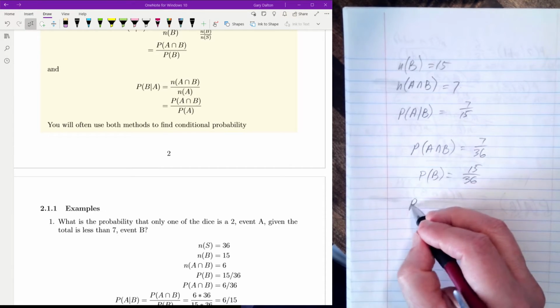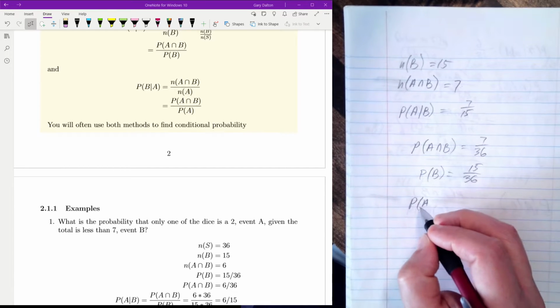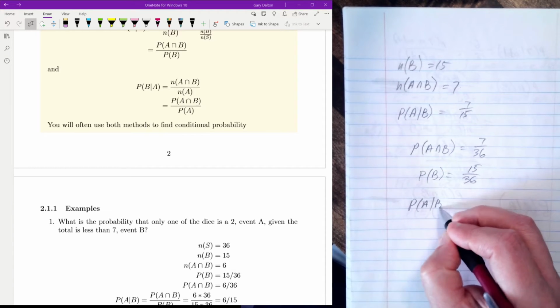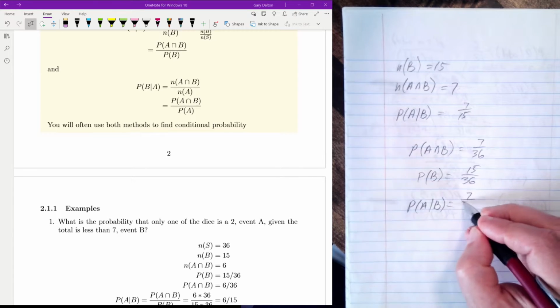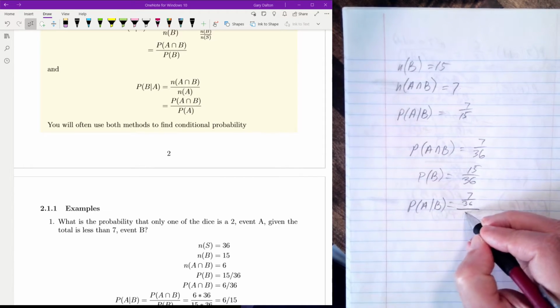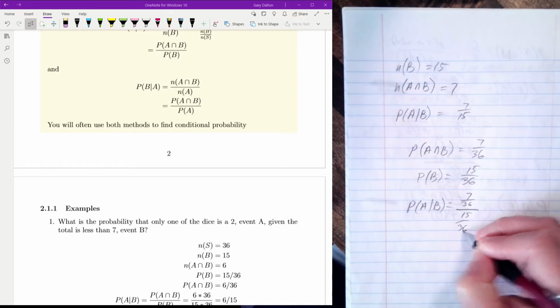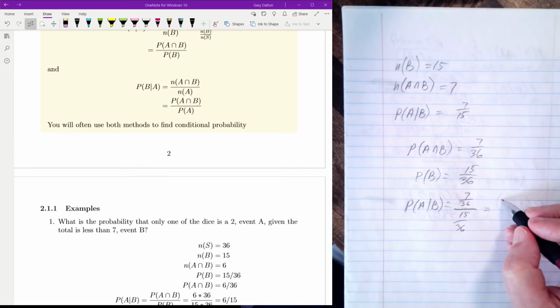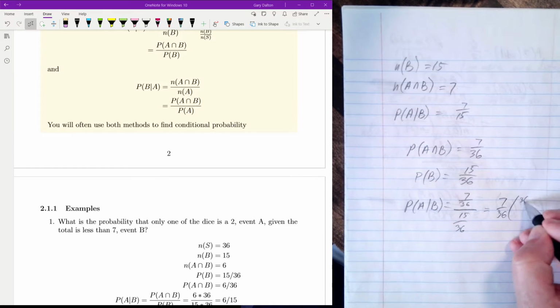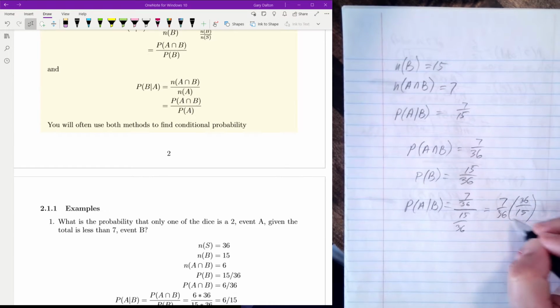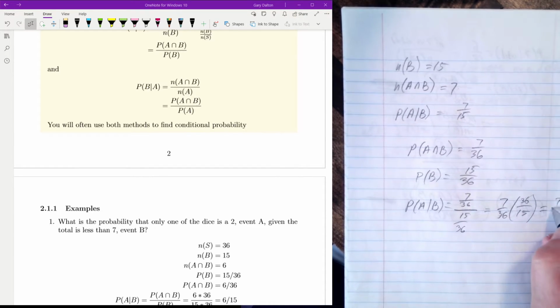So then we have the probability of A given B is equal to 7 divided by 36 divided by 15 divided by 36, which is equal to, and I won't do it this way most of the time, 7 over 15.